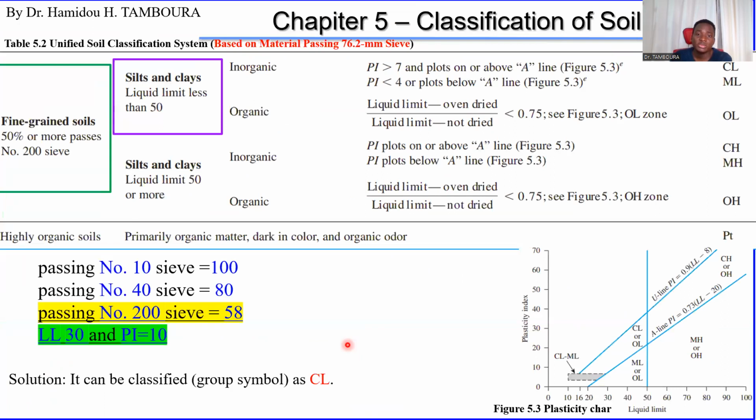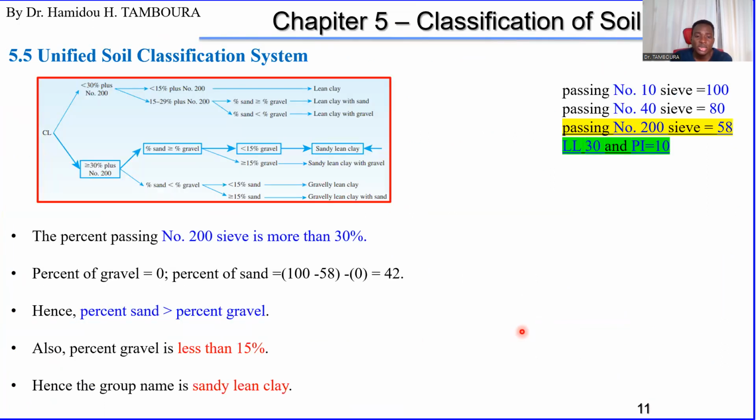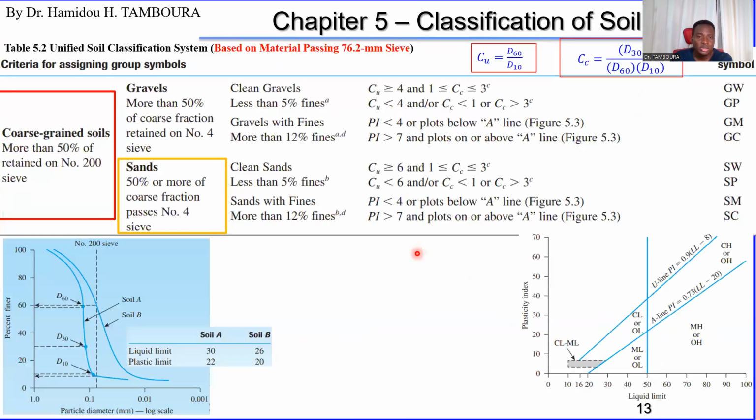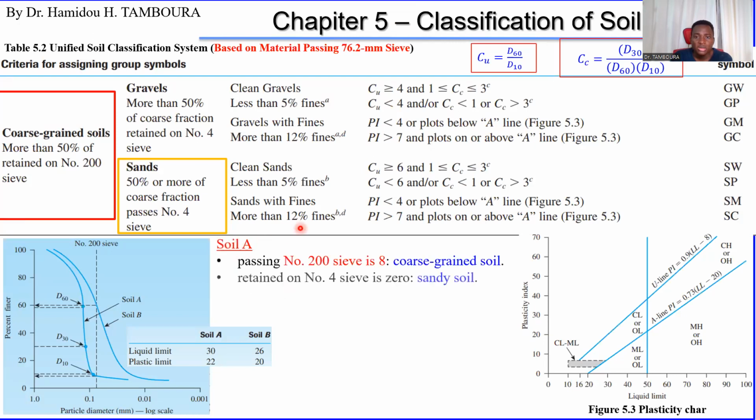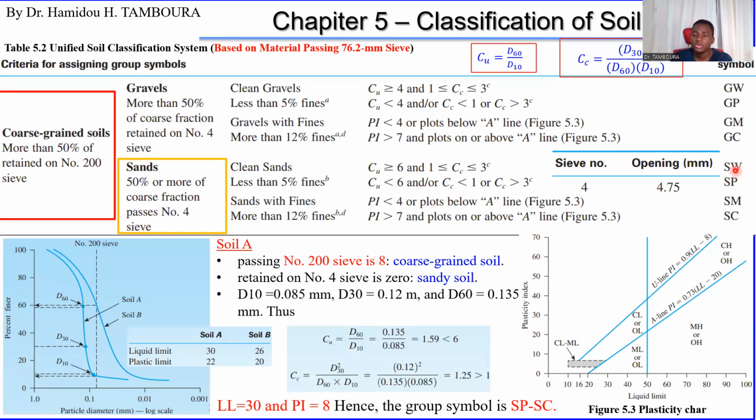So it means we have to use this double symbol. So in our case, which are the double symbols we have to use? Okay, let's go back. Because we are here, it has to be this one, SP, not SW, because the CU is here.